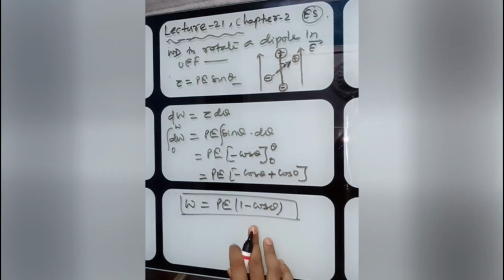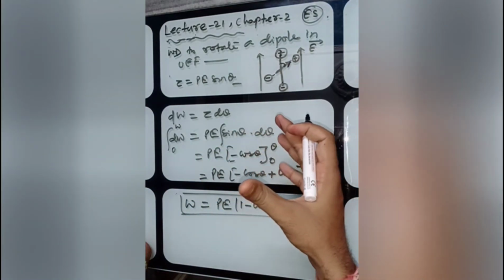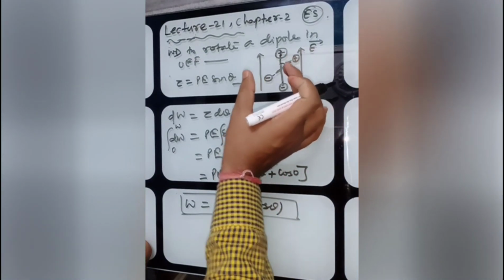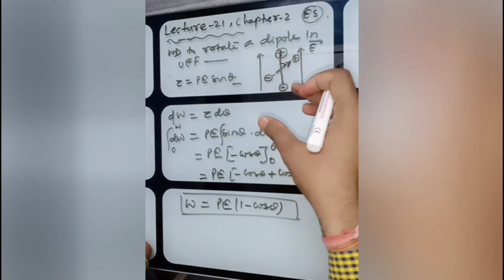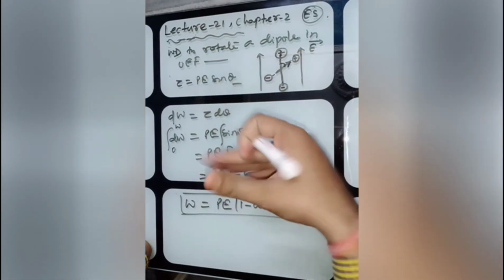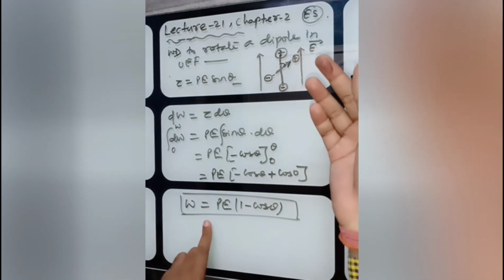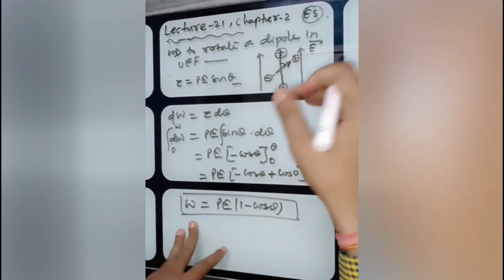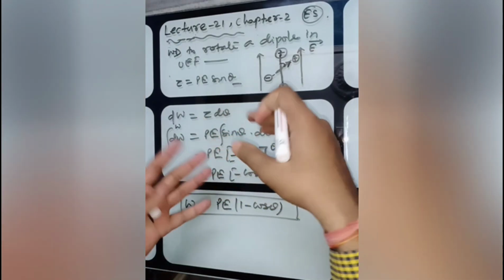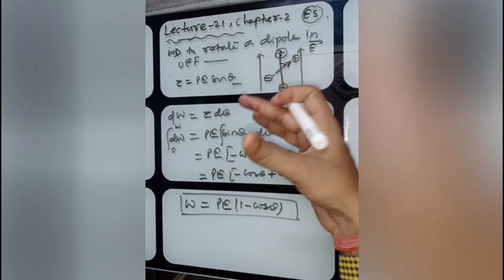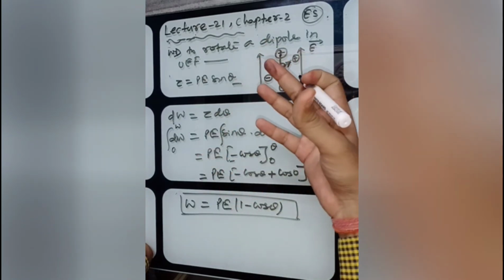If you leave a dipole from its unstable state, then how much work will be done by the dipole itself? This is the work to rotate the dipole by the external force. But work done by the dipole means you have to find the potential energy that has been stored in the dipole. Then how will you find the potential energy?